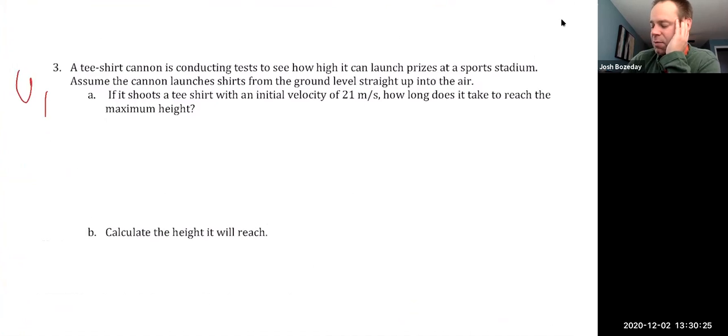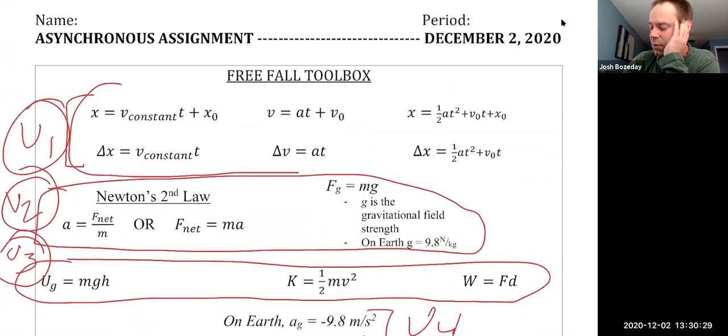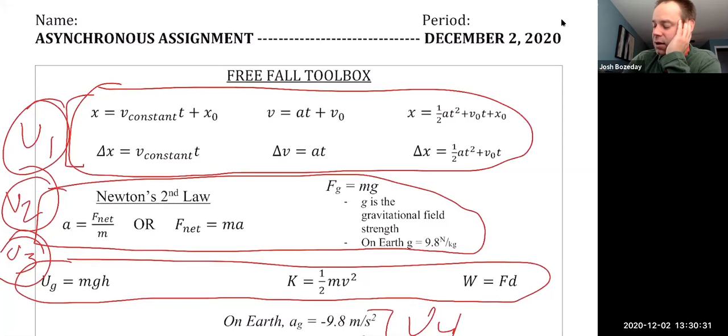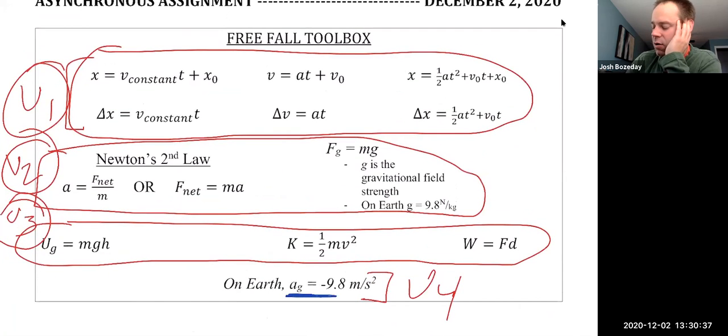So right away I look at this problem and I know I'm looking at these 6 equations up here. And then, like I said the other day, because gravity accelerates things, I know we don't have constant velocity, so those 2 equations are out.